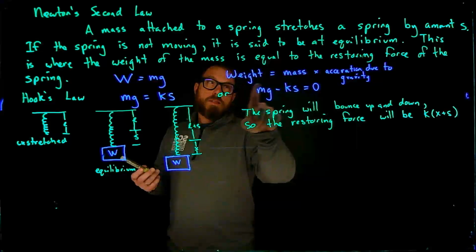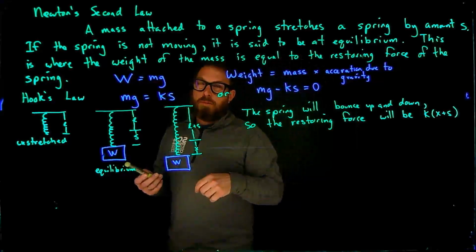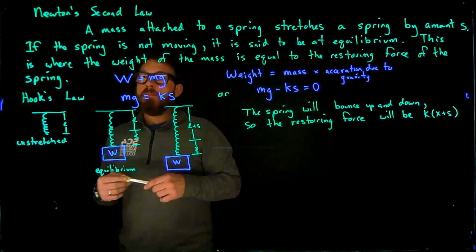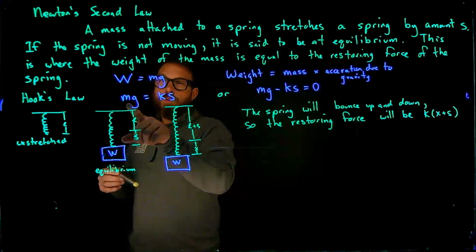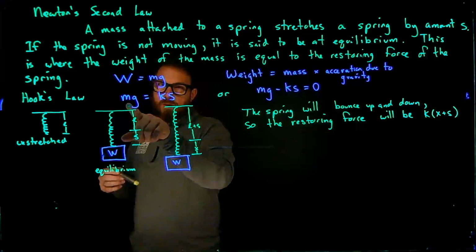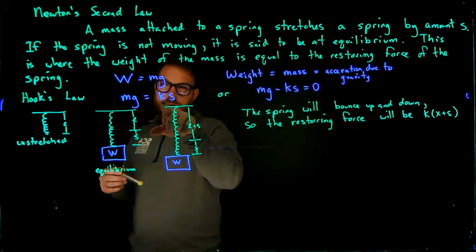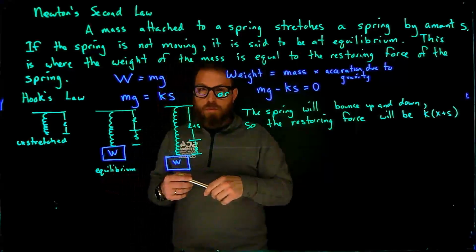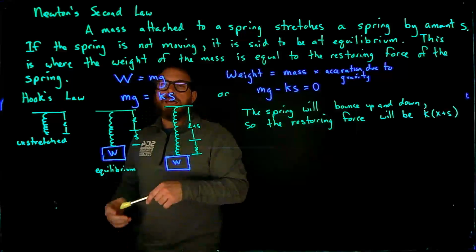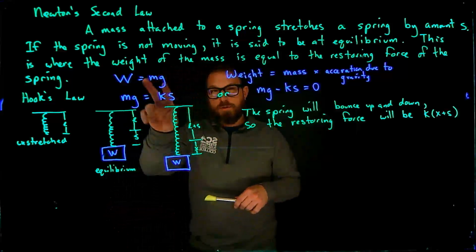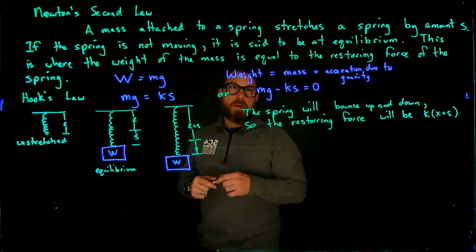So that's what we said: weight is equal to mass times the acceleration due to gravity, which is why it's a force. Now, Hooke's law says that that force is equal and opposite to the spring constant times the elongation, which is what we just practiced doing, finding K and then also finding S. So if I have two of these things, I can find the third one.